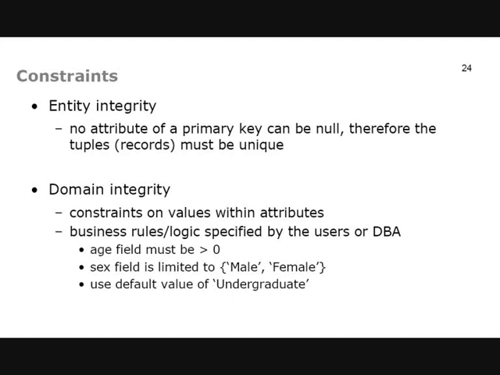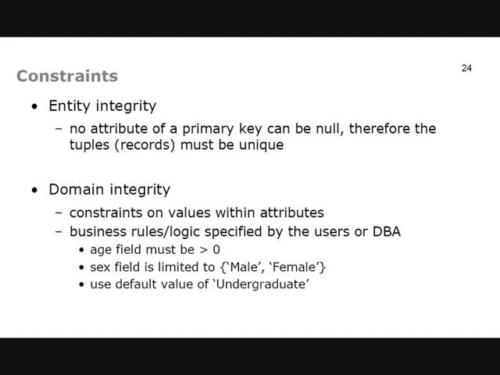Domain integrity is to do with placing constraints on the values of attributes. Now, depending on the domain, this is easy or difficult. Sometimes we can implement domain constraints. For example, if we have age, we can quickly constrain age because we want an integer, and it has to be between 0 and, let's say, for a person, 120 or 130, wherever we think is the longest somebody can live.